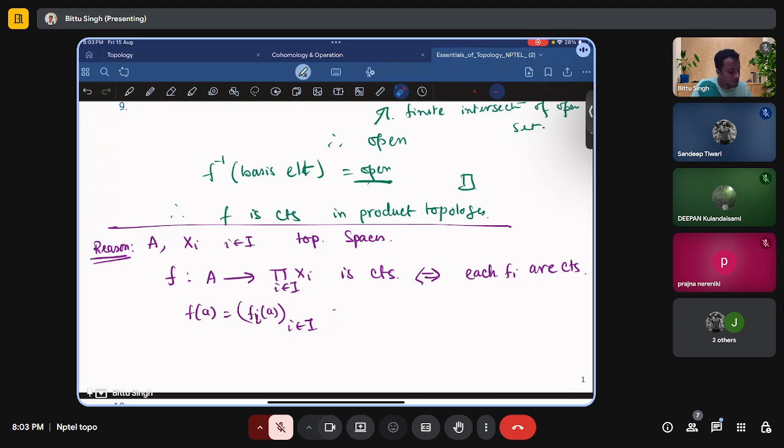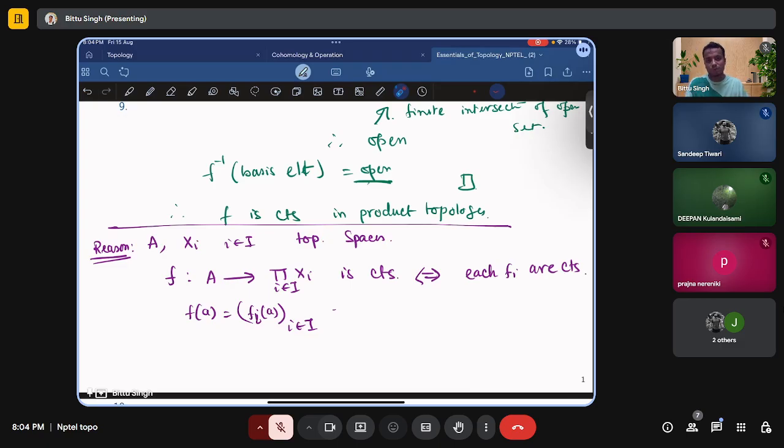This is easier because you take the projection map pi i, and you can prove that projection maps from the product to Xi are also continuous. This is very easy. That is why we are considering product topology.